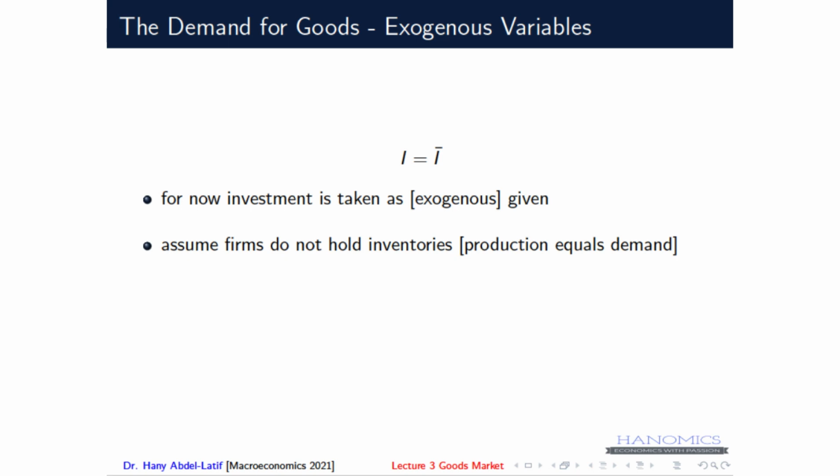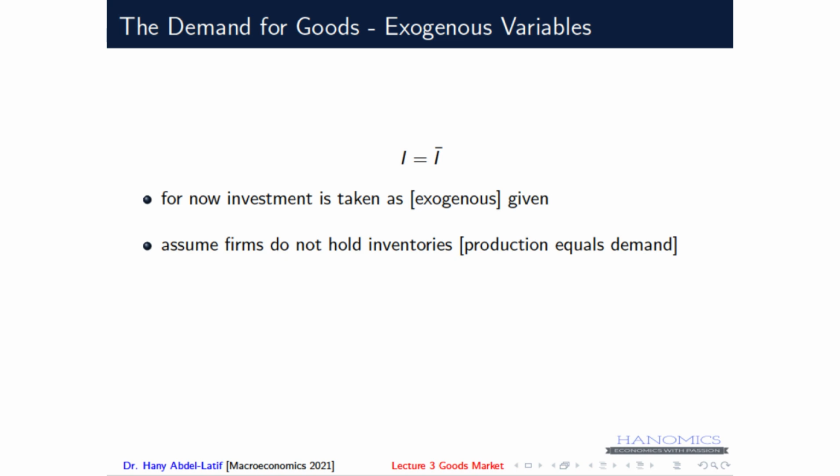That's why we denote investment as I bar. That bar just refers to the assumption we make here about investment being an exogenous variable. So assume that firms do not hold inventories. That would mean production equals demand.